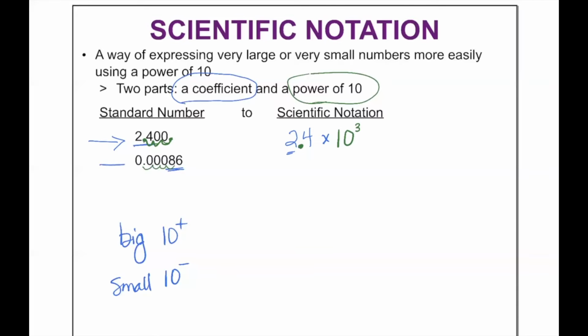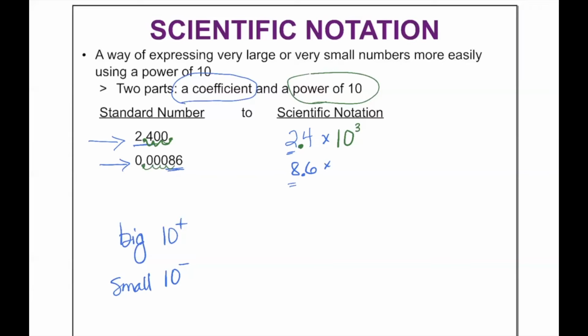Now, if we look at our second example, the two values that we have are 8 and 6. So I'm going to put 8 and 6 there. In scientific notation, we're just going to have the decimal place there because we just need one digit. So we have 8.6. And now we go to our power of 10.